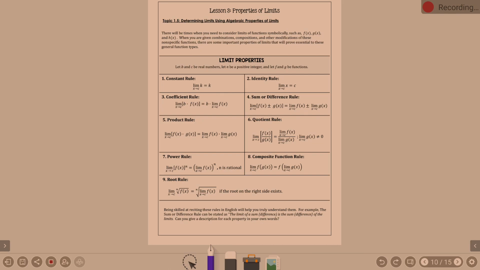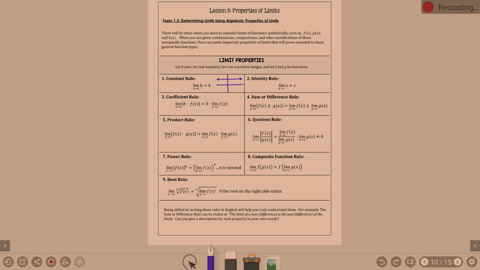Okay, so the constant rule says the limit as x approaches c of k is equal to k. Okay, that's just saying if k, and keep in mind k is a number. So if I sketch a graph in here, there's y equals k.